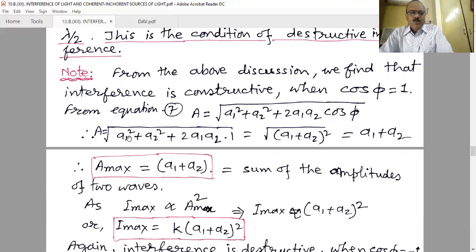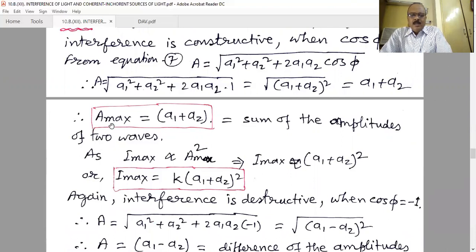Therefore, A will be √(a1² + a2² + 2a1a2), that means √((a1+a2)²), that means a1 + a2. That means where constructive interference takes place, the resultant amplitude will be the sum of the two individual amplitudes of the two superposing waves, and at that place the resultant amplitude is also maximum.